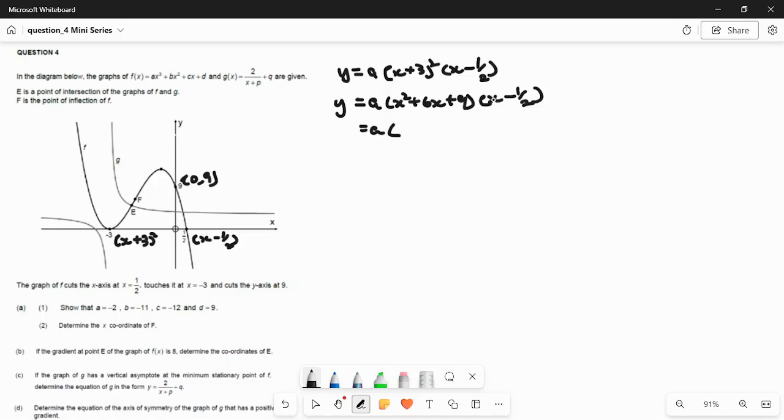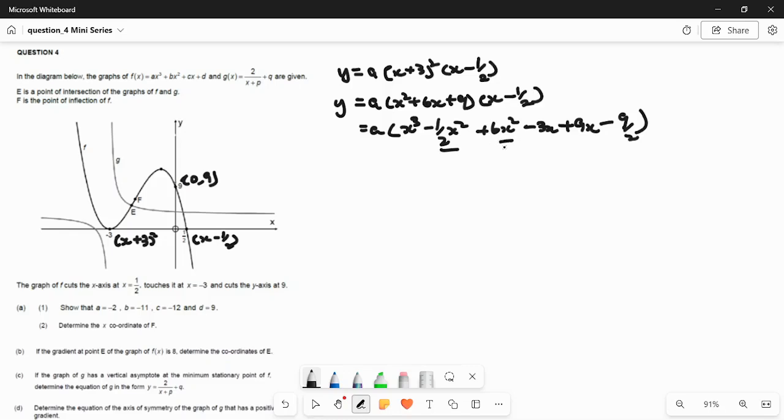So let me get rid of my brackets again. We'll have x cubed and then we'll have a minus half x squared, and then I'll have plus 6x squared and then minus 3x, then 9 times x, that's a plus 9x, and then I'll have a negative 9 halves. Now let's simplify like terms.